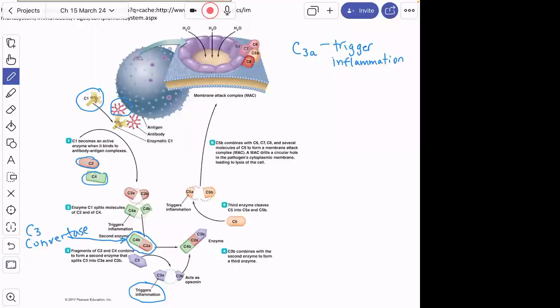Okay, so we're going to see shortly how it does that, but it triggers an inflammatory response, and the inflammation goes kind of hand in hand with chemotaxis. So it allows other cells to come to the site where there's some kind of attack going on. And then the C3b acts as an opsonin.